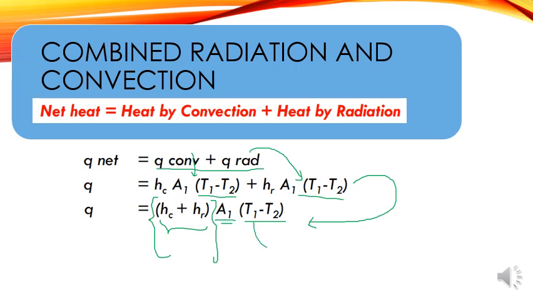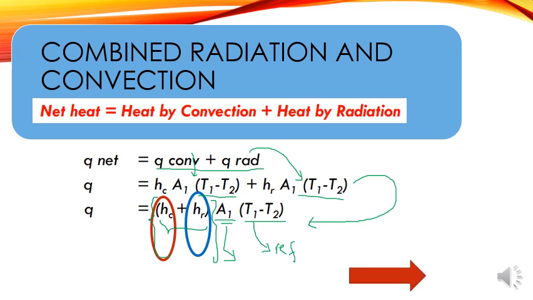So T1 here is the temperature of the reference point, and the same goes for A, which is the area of the reference object. In order to explain in detail about the HC, the coefficient for convection, and the coefficient for radiation, I will explain it later in the next slide.